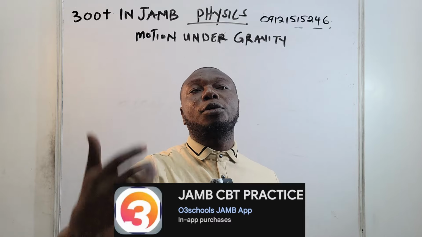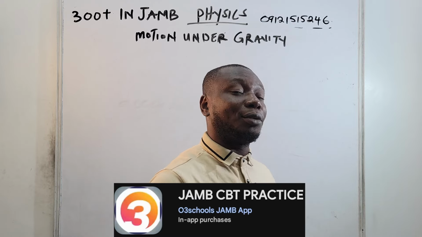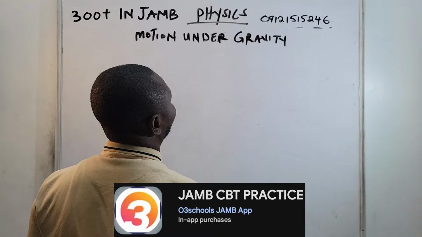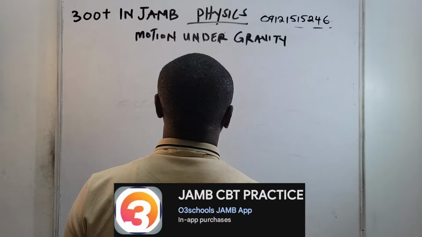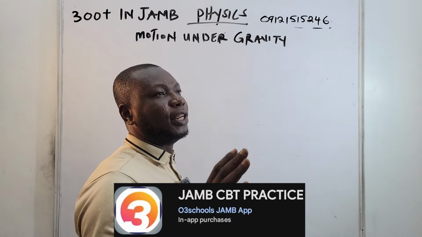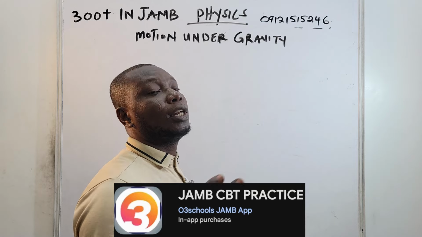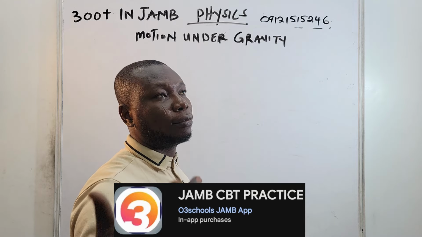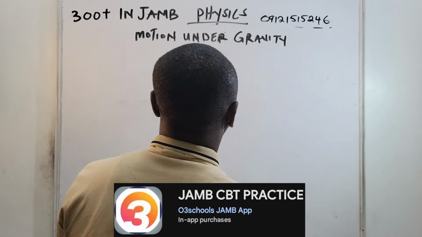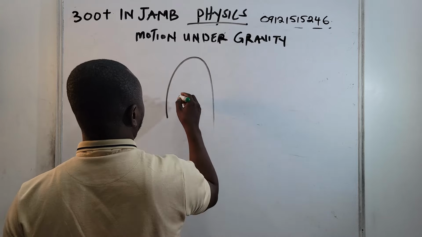Maybe a falling body, whatever goes up is coming down, and so such a falling body is under the influence of gravitational force, gravity. For example, the falling of leaves from a tree or the falling of a mango fruit from a tree is as a result of the invisible force of gravity.